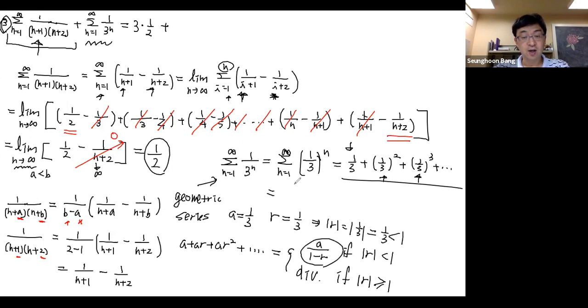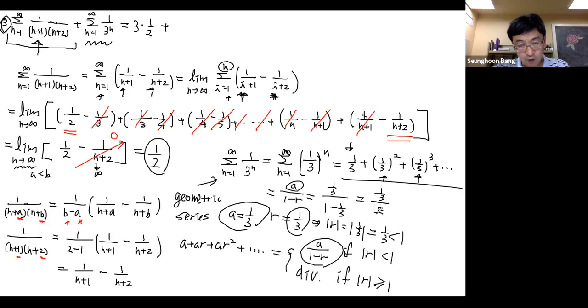The answer is A over 1 minus R. A is here, 1/3. R is 1/3. 1 minus 1/3 is 2/3. So we have 1/3 over 2/3. You can simplify: 1/3 times the reciprocal of 2/3, which is 3/2.